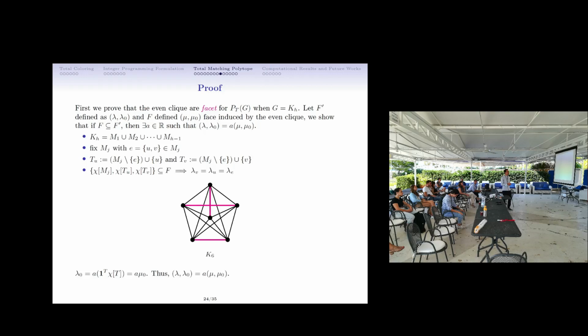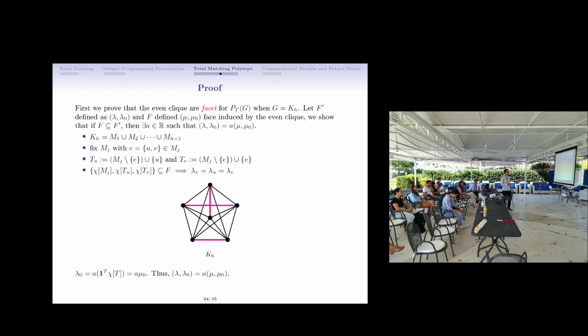A key observation is this, graphically. An even clique can be seen as a disjoint union of perfect matchings, since KH can be seen as this union here, where a perfect matching touches all the vertices of that graph.